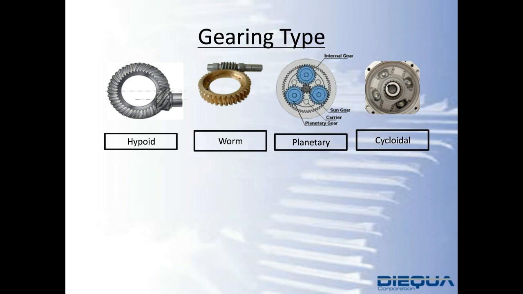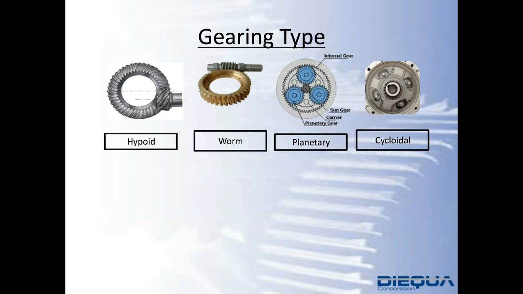And so there's 3 gear types that easily and readily offer up a robot flange output. That would be a hypoid gear. It provides you a right angle connection. It's a worm gear that also gives you a right angle connection. We have a planetary gear set that gives you inline solutions, and a cycloidal unit that also gives you an inline solution.